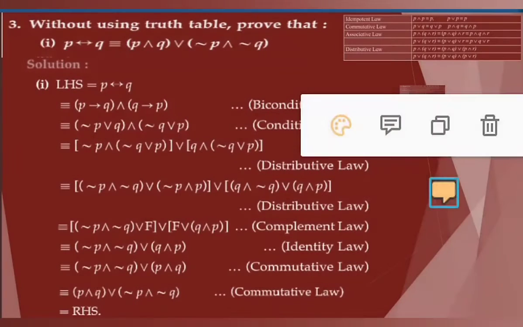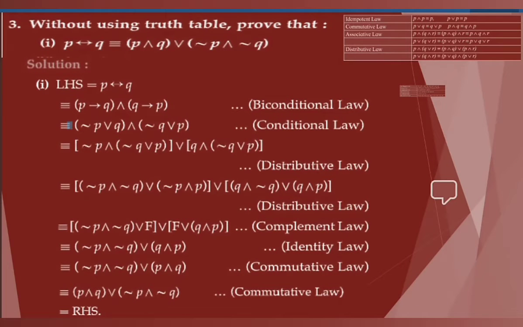Here this is A, this is B, this is C and this is D. Then we write negation P intersection with this bracket, or symbol, and next Q intersection with this bracket. This is called the distributive law.